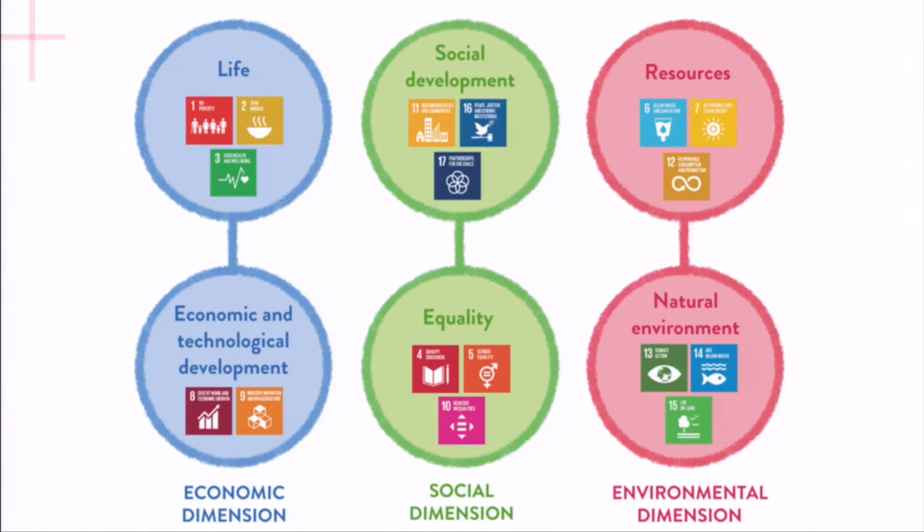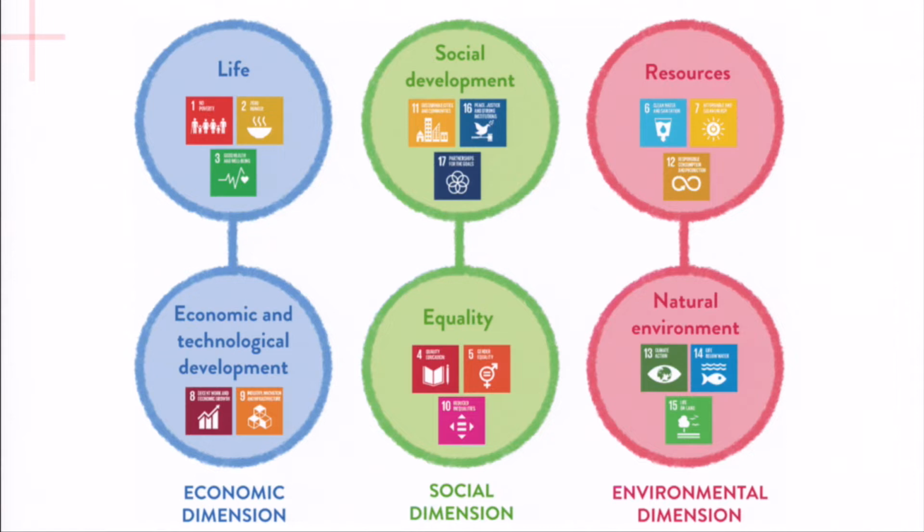Now, if we are talking about the social dimension, then with regard to social development, we can categorize SDG 11, SDG 16 and SDG 17 under social development, and SDG 4, 5 and 10 as equality dimensions.